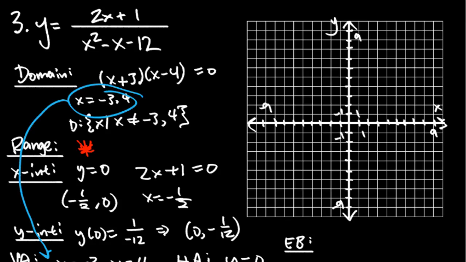Okay, so asymptotes: x equals -3 and x equals 4. 1, 2, 3, 4. And then y equals 0 is our horizontal asymptote.